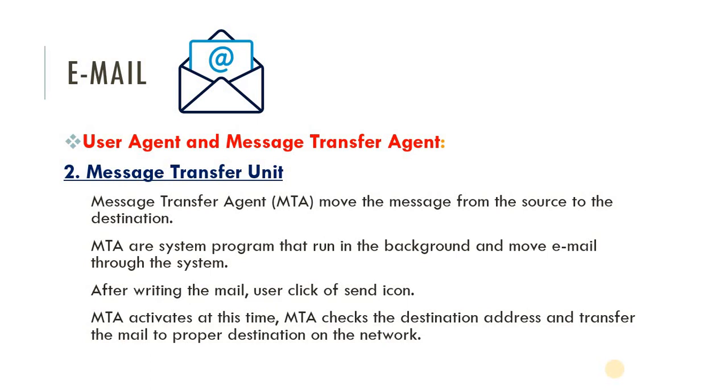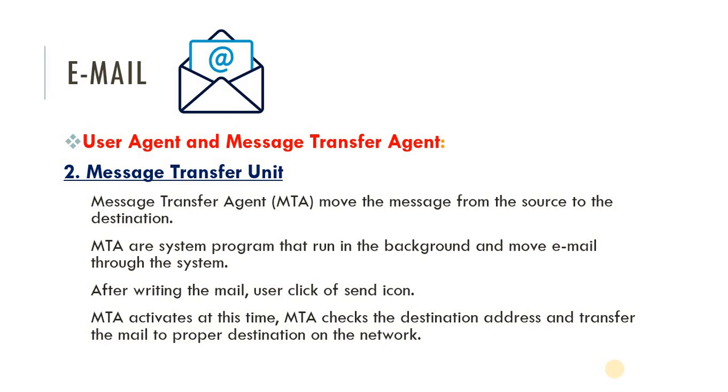Message transfer agents are system programs that run in the background and move an email through the system. After writing the mail, the user clicks the send icon. So that is the MTA's activity at this time. The MTA checks the destination address and transfers the mail to the proper destination on the network. Once you click on the send button, the message transfer agent checks whether your destination address is correct or not.